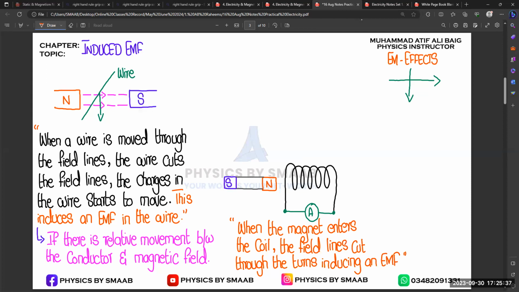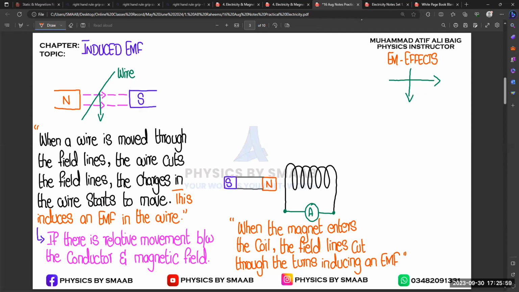So normally, what is going on there that induces an EMF, right? When you move the conductor through the magnetic field, or when you move the magnet through the wire or the conductor, actually your field lines change, right?